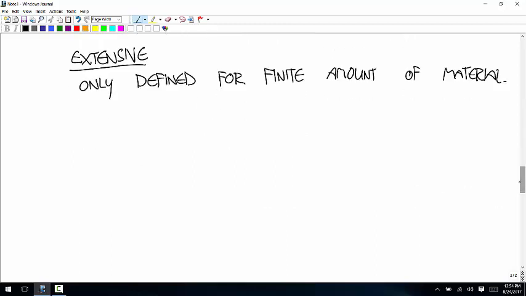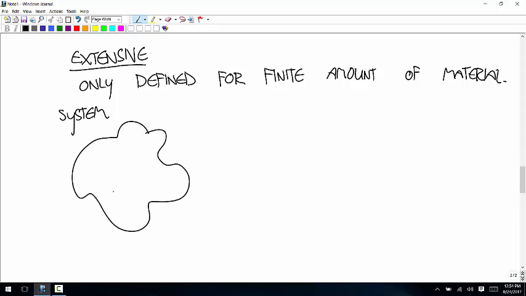So if your system is this random thing, and we divide that up into, so let's say the system is S, and we divide that up into three sort of subsystems, S1, S2, and S3.